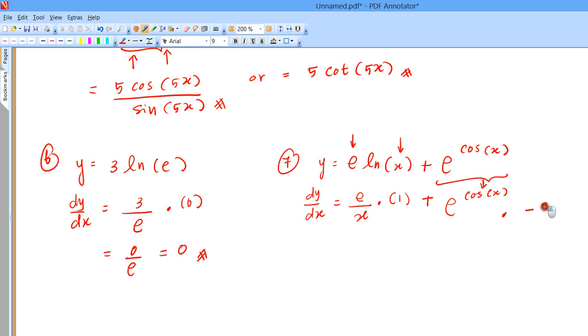So negative sine and the angle x times differentiate angle equal to 1. So the final answer here equal to e over x minus sin x times e power of cos x. So this is the final answer.